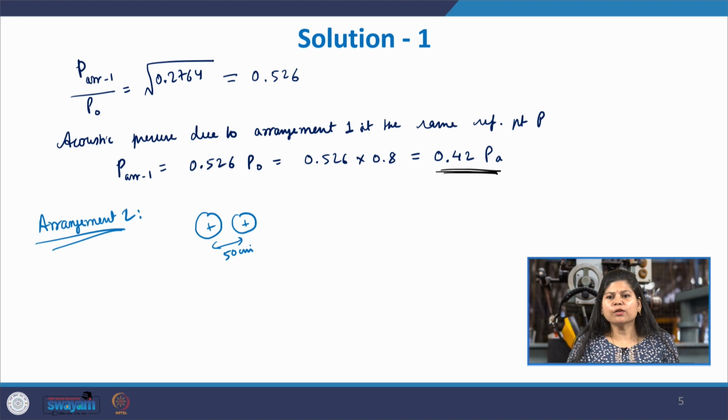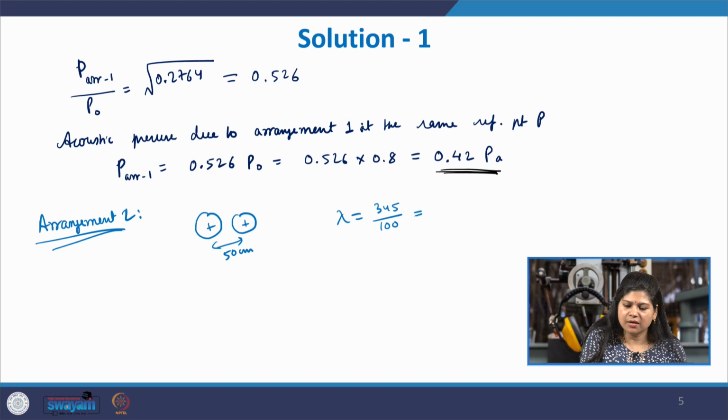Now, given that the room is very large, let us first see how this 50 centimeters stands in terms of the wavelength. The wavelength of the sound is c by f, so 345 by 100 hertz. So, it is 3.45 meters. You see here that this separation distance d is very small compared to the wavelength.